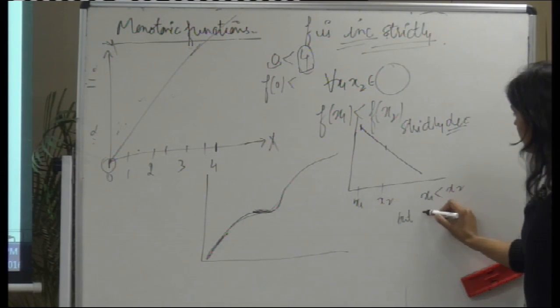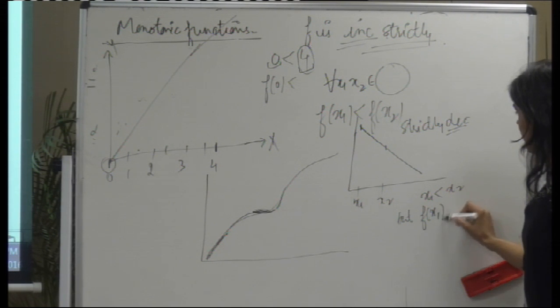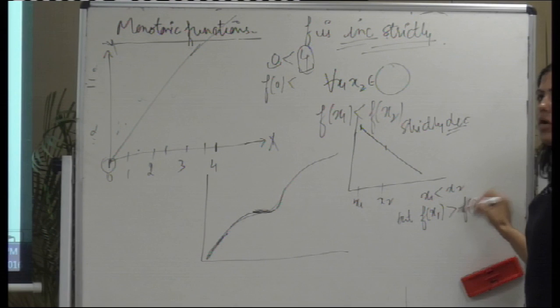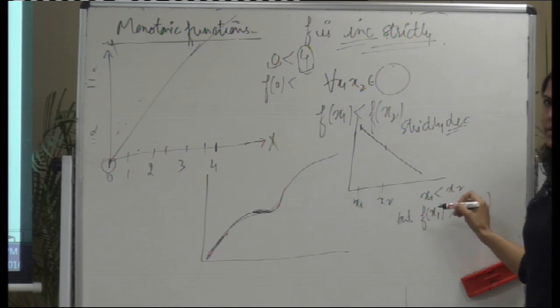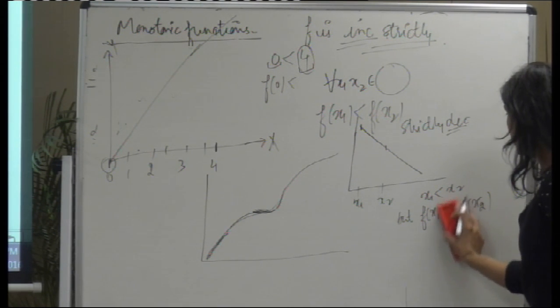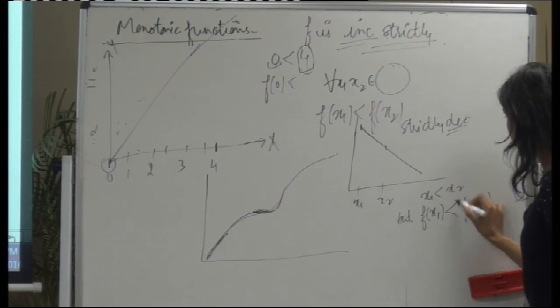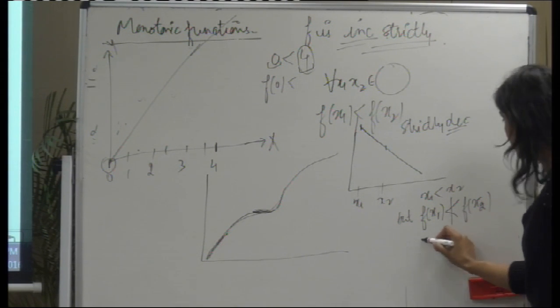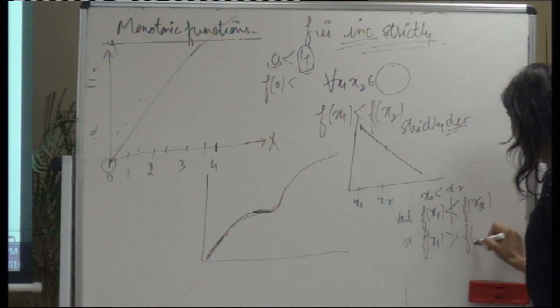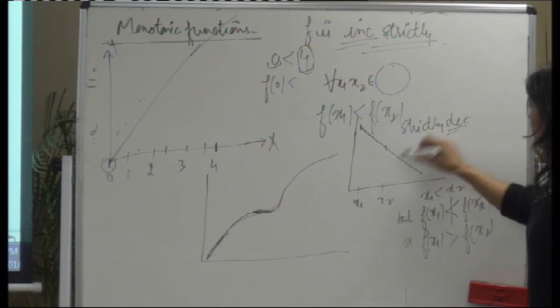So this time, the function is not keeping the order, not preserving the order. So in either way we can write it, this way or this way. So this function is decreasing.